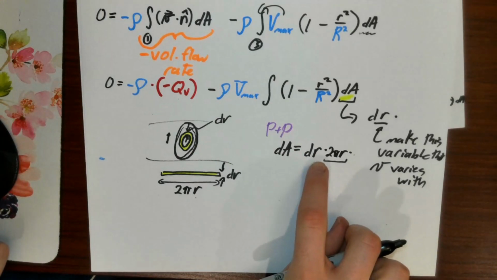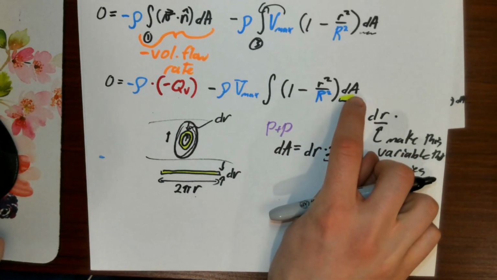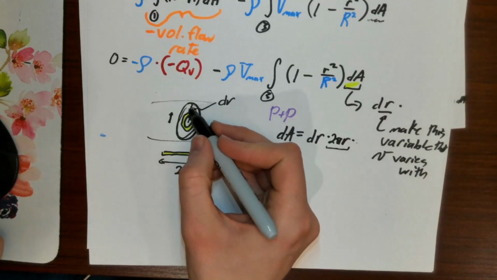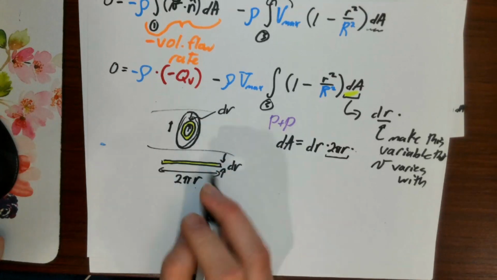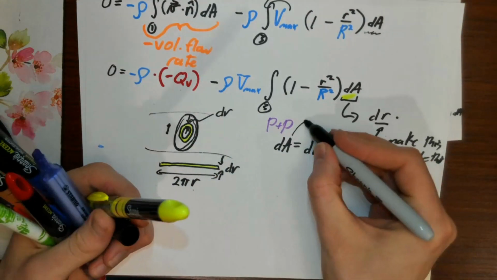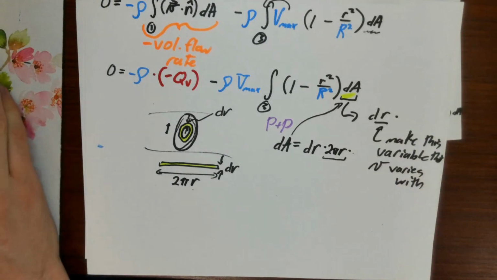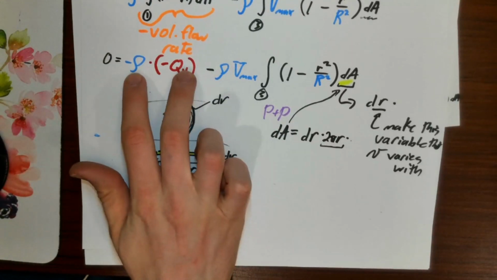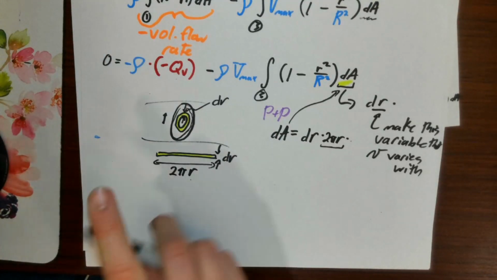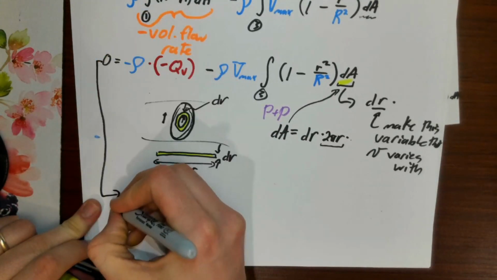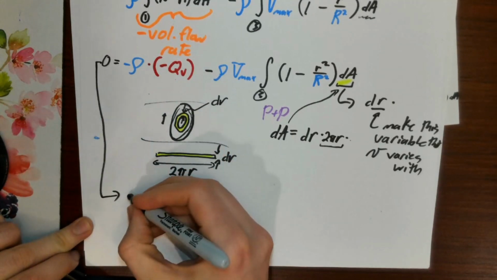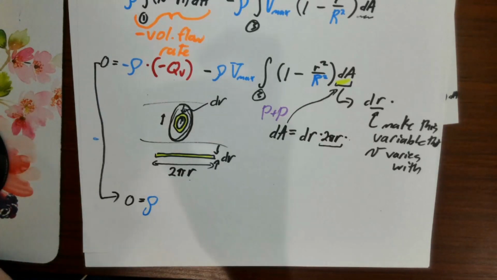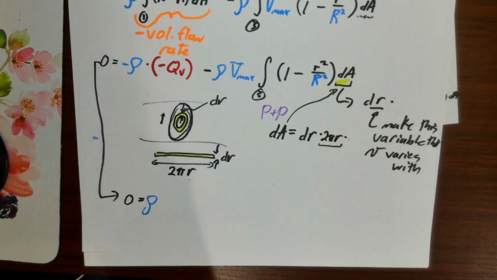So what can we do? We can now plug this dA into this expression here, and now we're going to have an integral. It's essentially an integral over this whole surface 3, but we've sliced up surface 3 into a whole bunch of concentric rings. So we can now sub this dA into here. All right, so what does this look like? Let's start plugging stuff in, right? So we have 0 is equal to rho times QV, and these two negative signs cancel out.